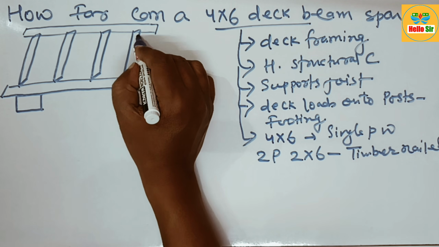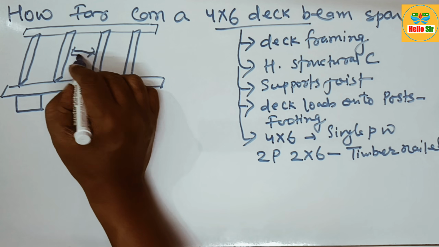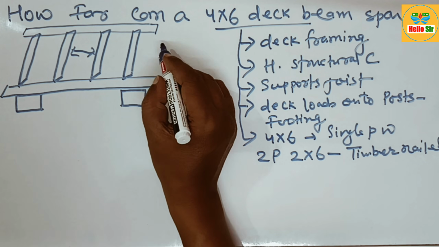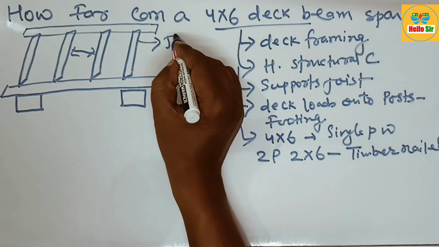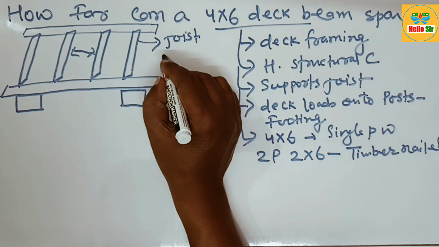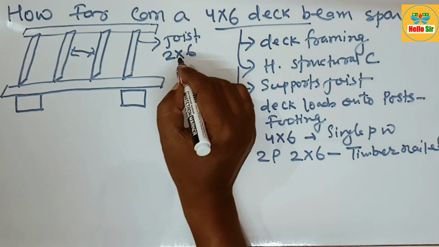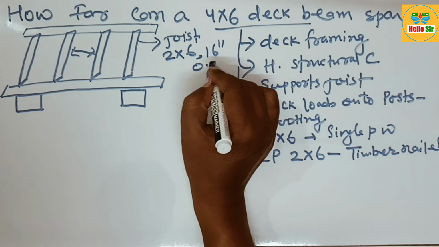This is the joist, and the distance between two joists is the joist span. The size of this joist is 2 by 6, spaced 16 inches on center.